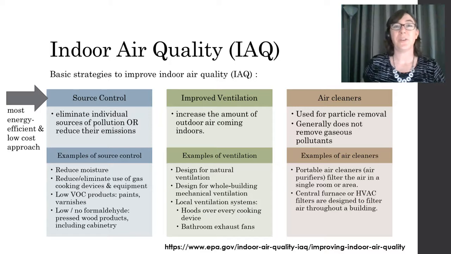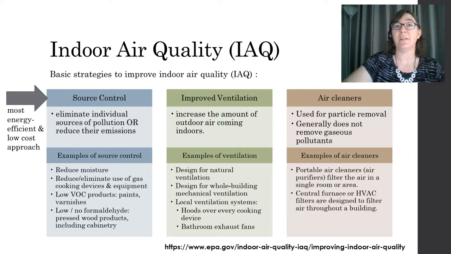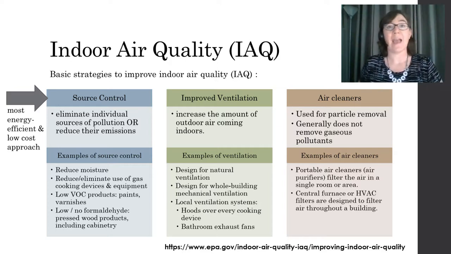Some examples of source control are to reduce the moisture levels inside your building, to reduce or eliminate the use of gas equipment such as cooking devices and gas heating systems, to specify low VOC and low or no formaldehyde products.